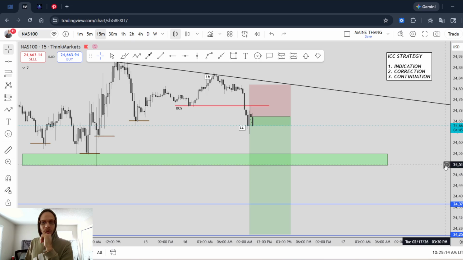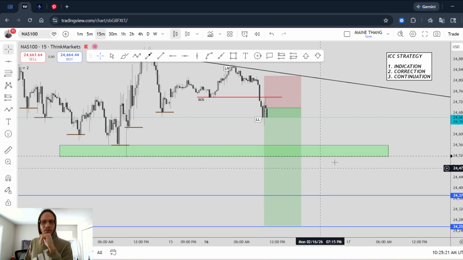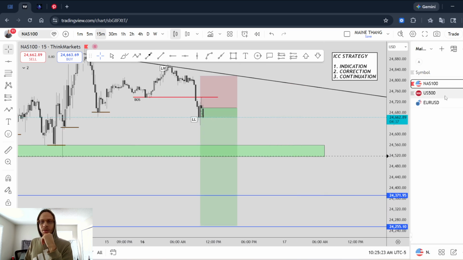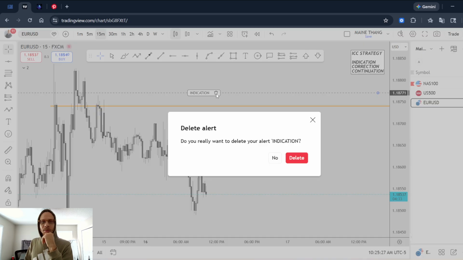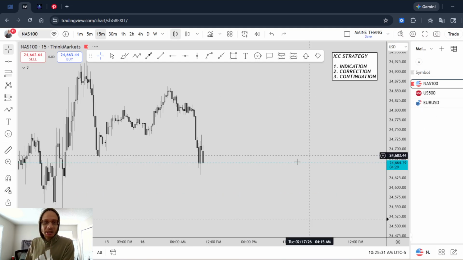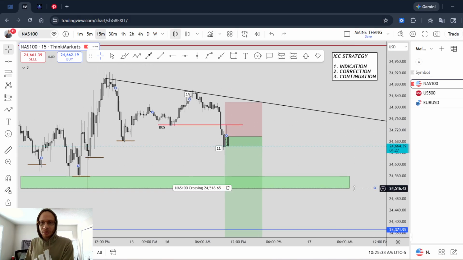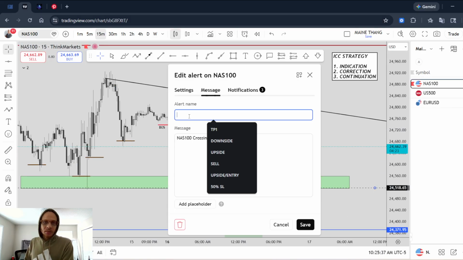Let's set an alert, because there's like a 1 to 1. Actually, let me take this alert off, because with the free plan, you only get 2 alerts. Let's put 1.